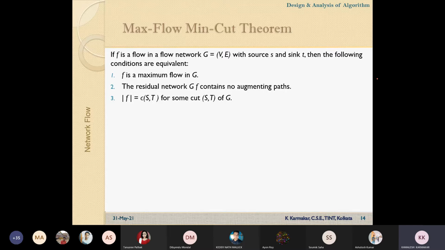What is a cut? First we have to understand what a cut is.